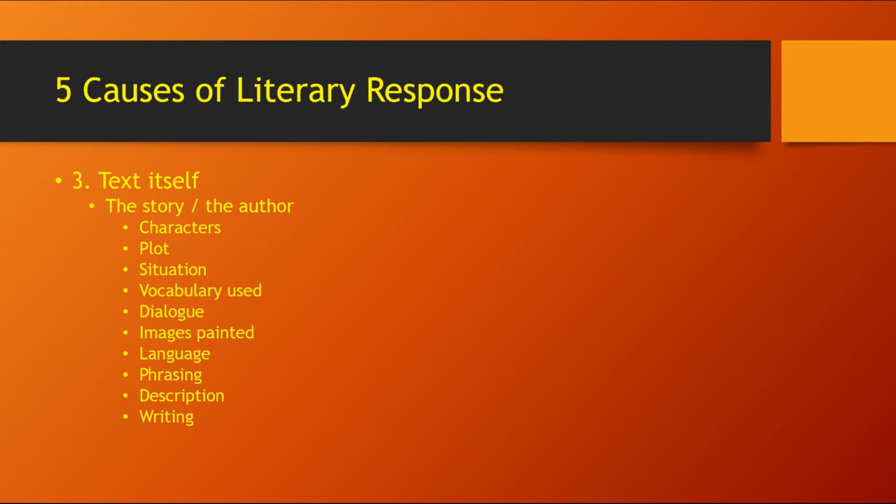But it could also be the dialogue of the characters, the moods, or even the images that are painted in your mind. A good reader has that image, that movie going in their mind, that you can see what the character looks like, and are they wearing jeans or not, and what kind of hair they have in their eyes, right? All those images in your mind are created from the author, but that's really the text.